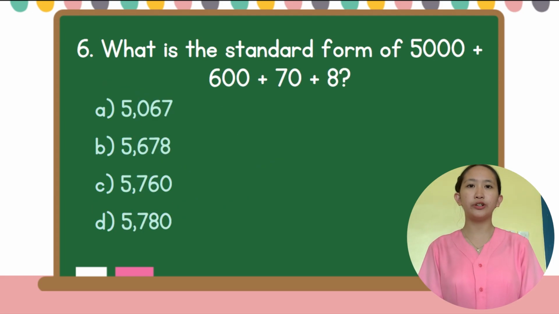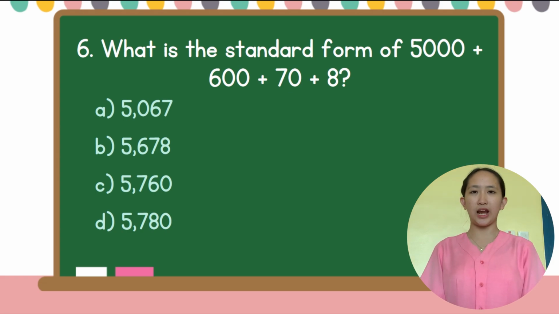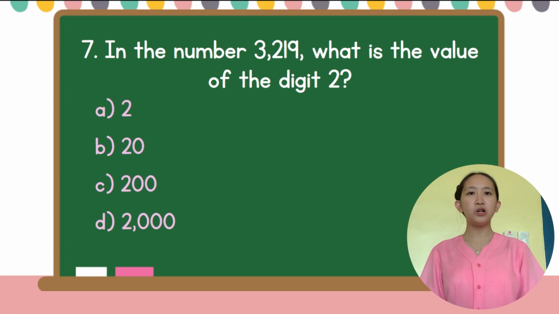What is the standard form of 5,000 plus 600 plus 70 plus 8? A. 5,067, B. 5,678, C. 5,760, or D. 5,780.